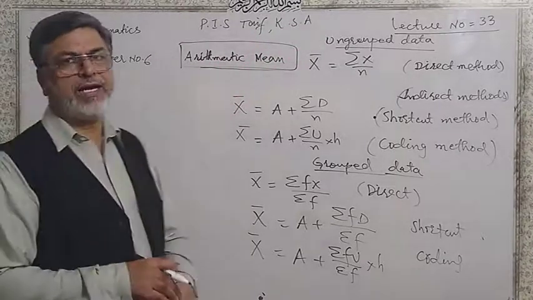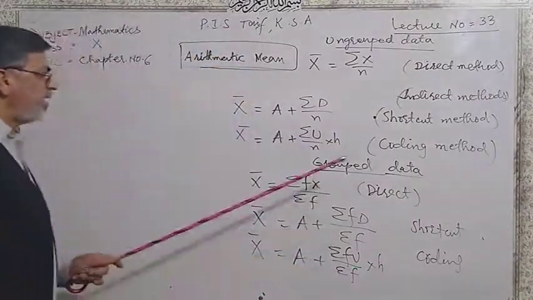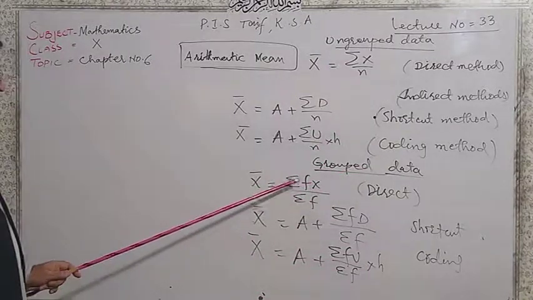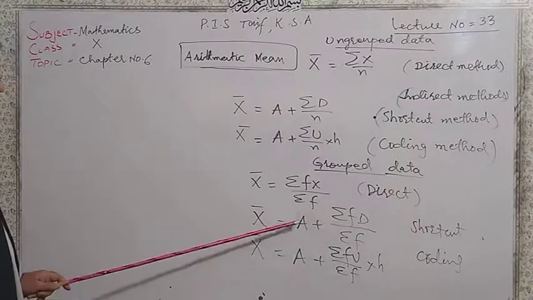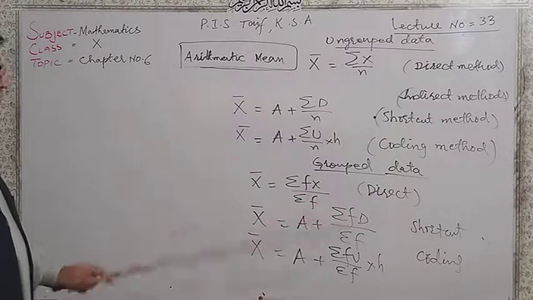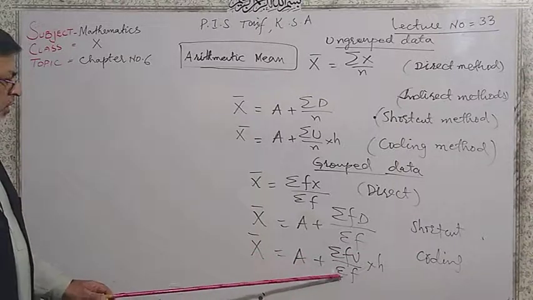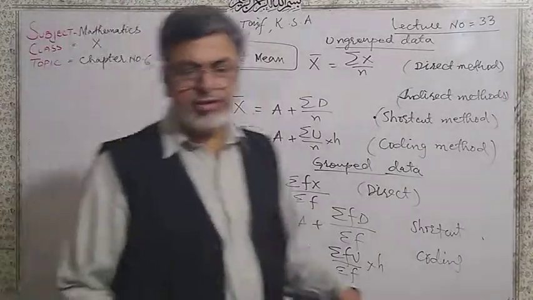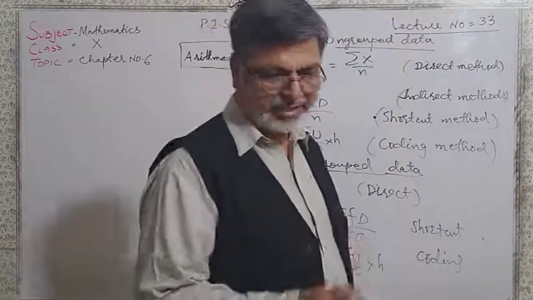Remember that you will apply any method, but the answer will remain the same. Similarly, in case of group data, direct formula sigma fx over sigma f, shortcut formula a plus sigma fd over sigma f, and in coding methods a plus sigma fu over sigma f into h. So these are the formulas for arithmetic mean.